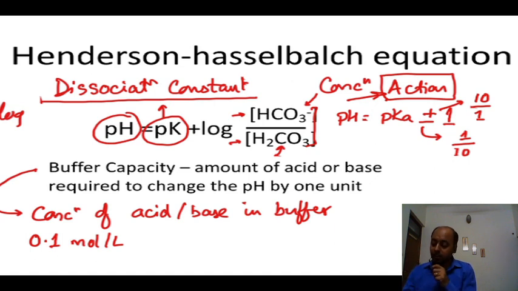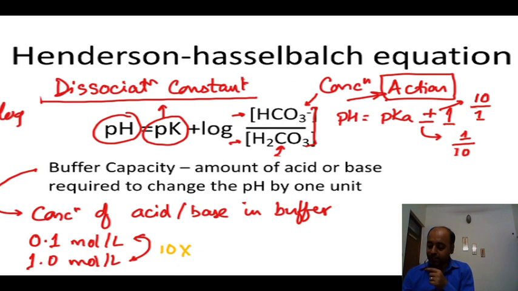On the other hand, if the concentration is 1 mole, it is able to provide more analyte to neutralize the substances which are trying to change the pH. And therefore, if you compare the two, obviously the buffering capacity will be 10 times in the second scenario. So capacity depends on concentration.